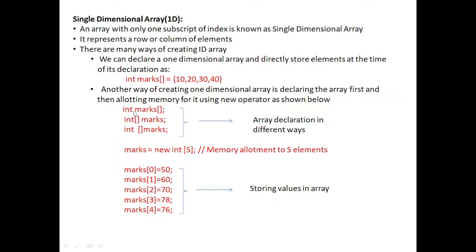The data type of this array is int, hence we have written int here. If it is of float type, then you have to write float here. If it is char, you have to write char here. And in the square braces we have written 5. It means the size of this array is 5, it is going to store only 5 elements.